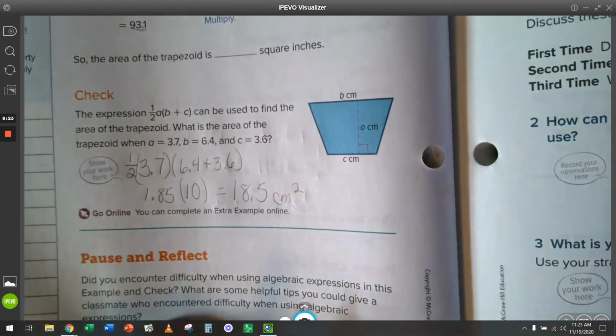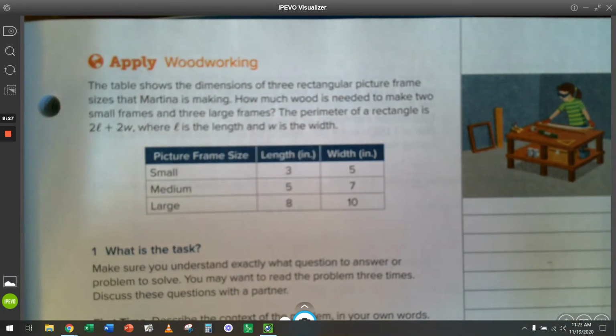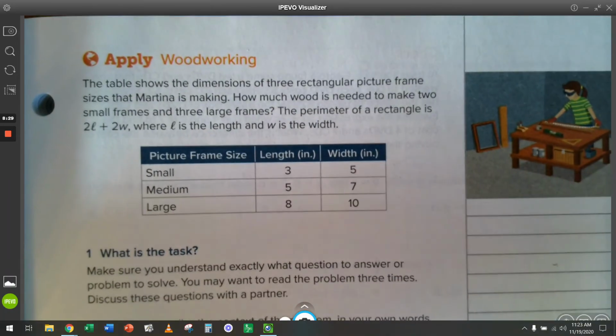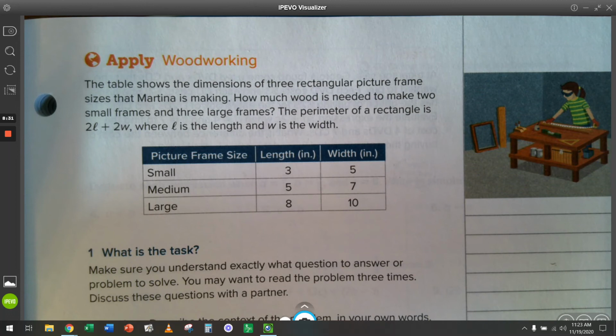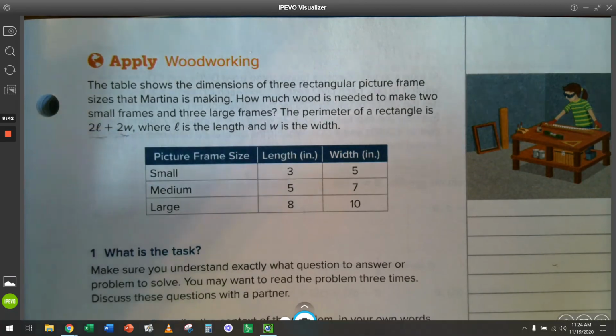All right, finally, we have our apply problem here. The table shows the dimensions of 3 rectangular picture frame sizes that Martina is making. How much wood is needed to make 2 small frames and 3 large frames? The perimeter of a rectangle can be expressed as 2 times the length plus 2 times the width.